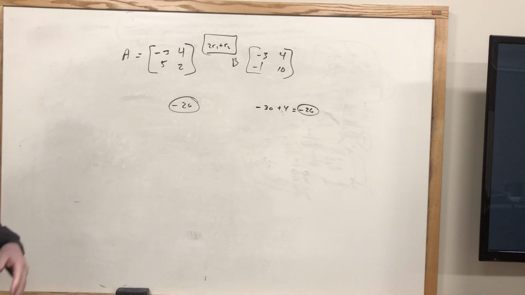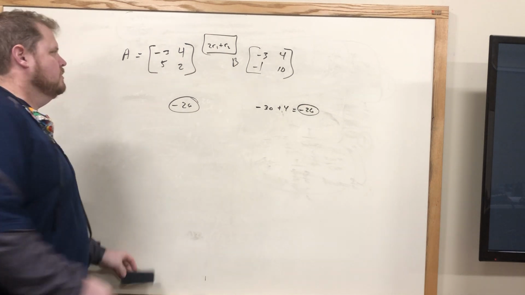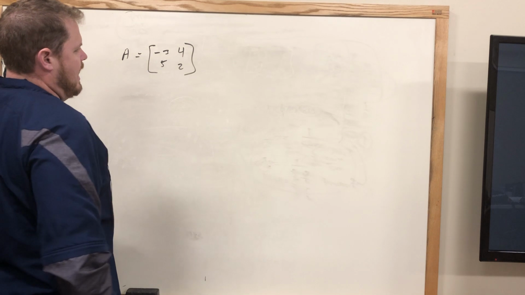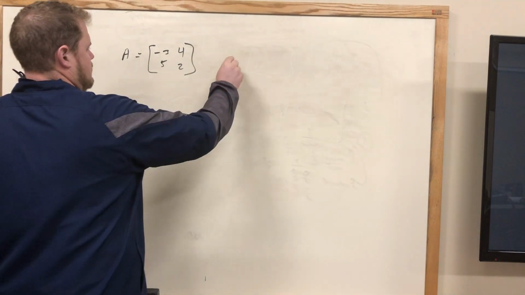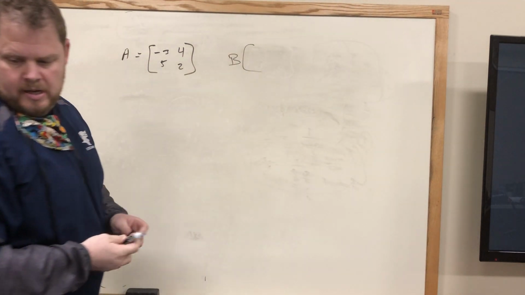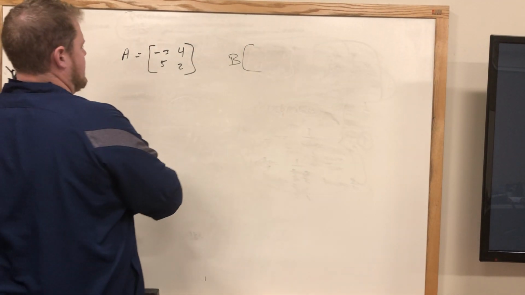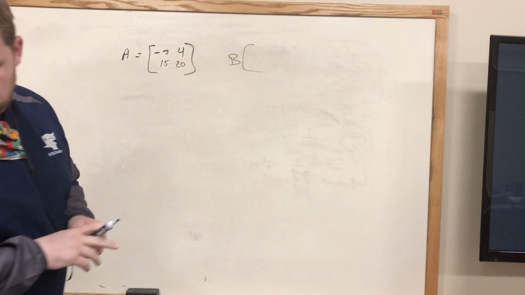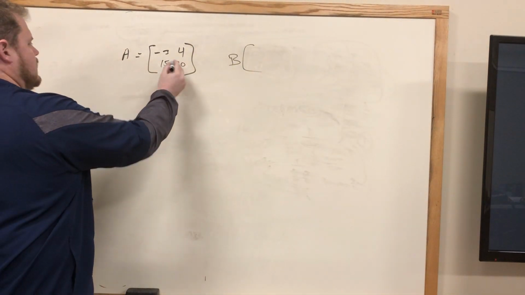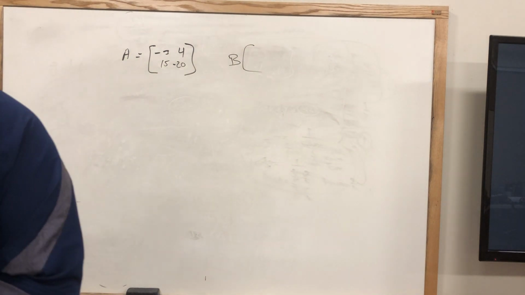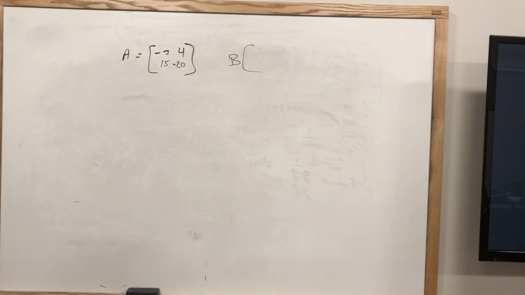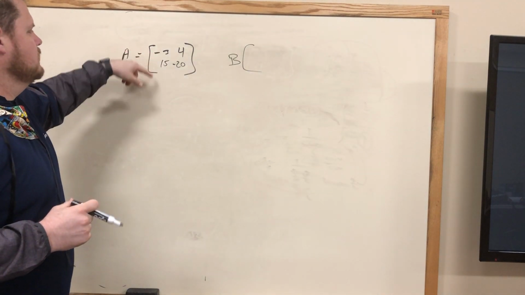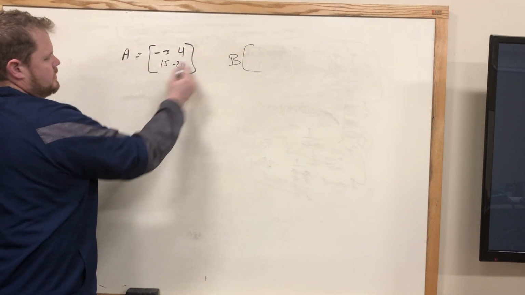The fourth thing is if I multiply by 5, or I multiply by a -5, top and bottom, you're going to get them to be equal.